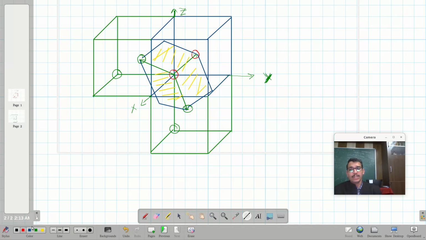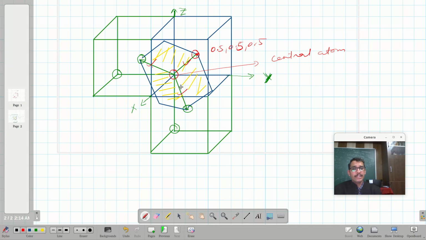So let me recall its vectors. This is the central atom, and if I recall these three vectors, this is one vector, this is another vector, this is another vector. So this is the body center of this cube, and its coordinates are 0.5, 0.5 and 0.5.